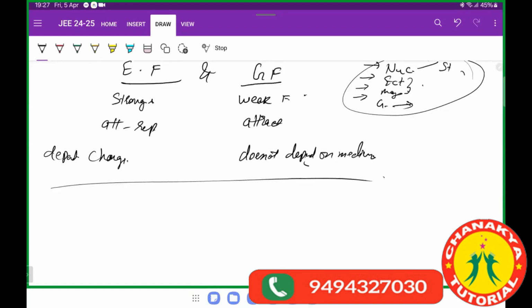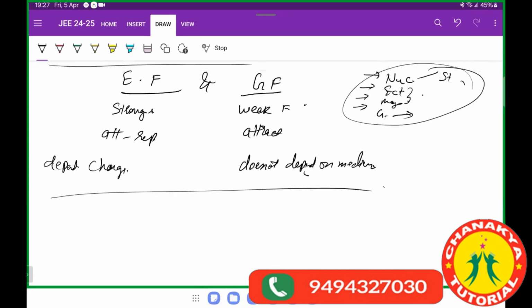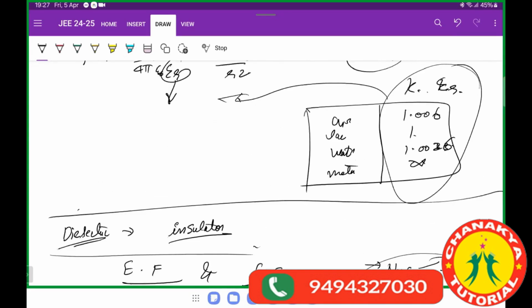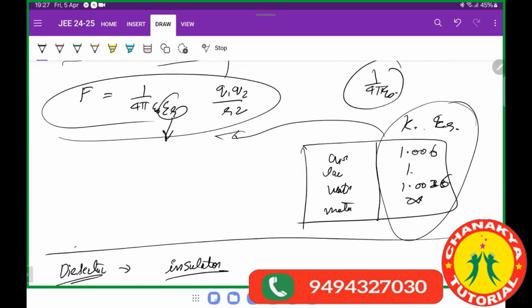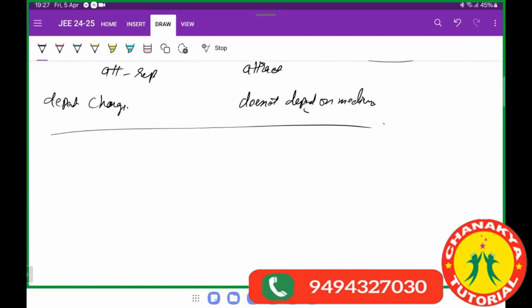Now we saw F equals 1 by 4 pi epsilon naught q1 q2 by r square. So let's write this in vector form.